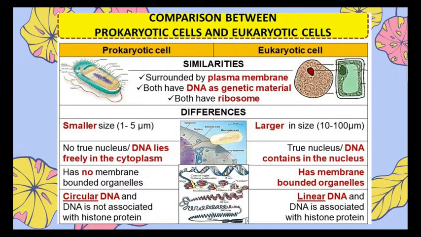Okay, now let's look at the comparison between prokaryotic cells and eukaryotic cells. So again, I remind you, if we give a comparison, we must have similarities and differences. Okay, there are three similarities between prokaryotic and eukaryotic cell. First, both cells are surrounded by plasma membrane.